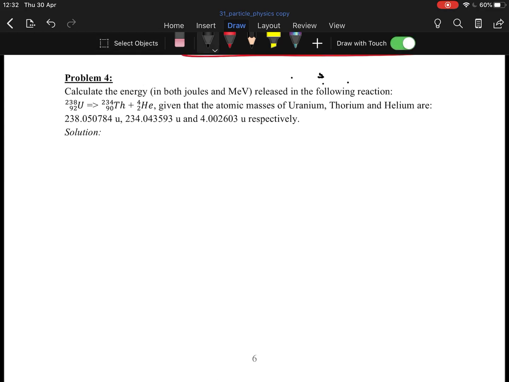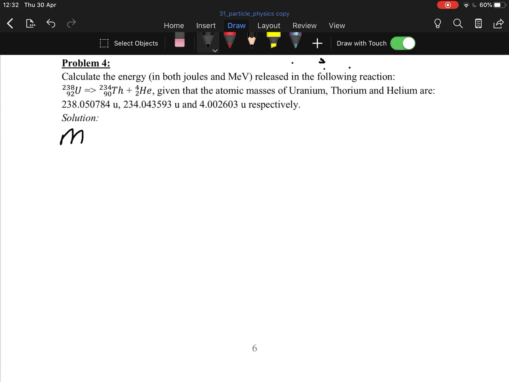Calculate the energy in both joules and mega electron volts released in the following reaction. Uranium goes to thorium and helium, given that the atomic masses of uranium, thorium and helium are as follows. So again, the exact same: mass of reactants.